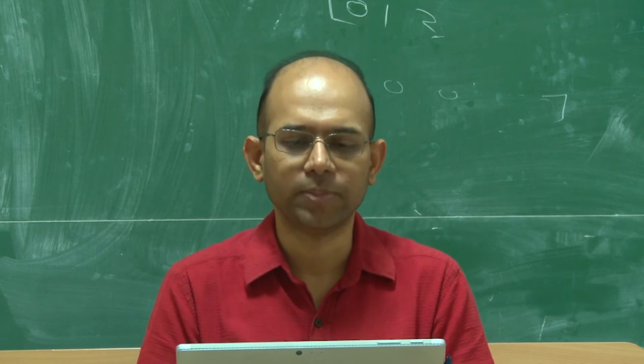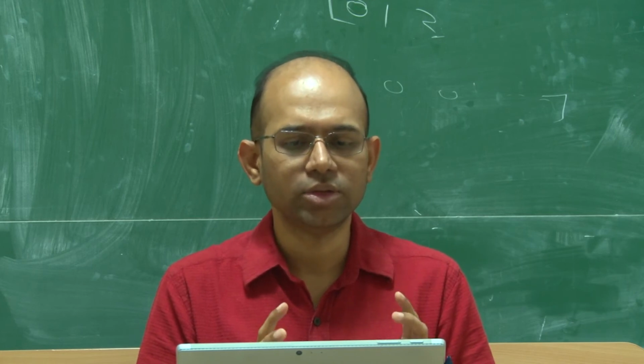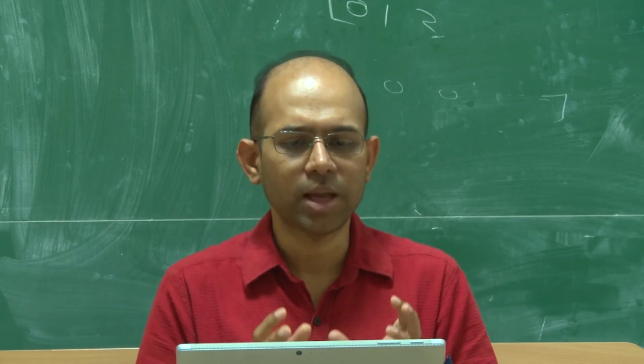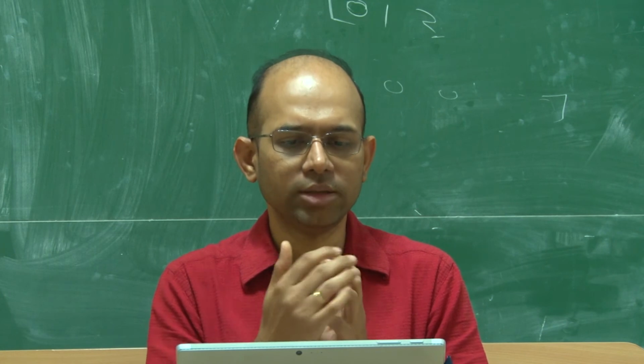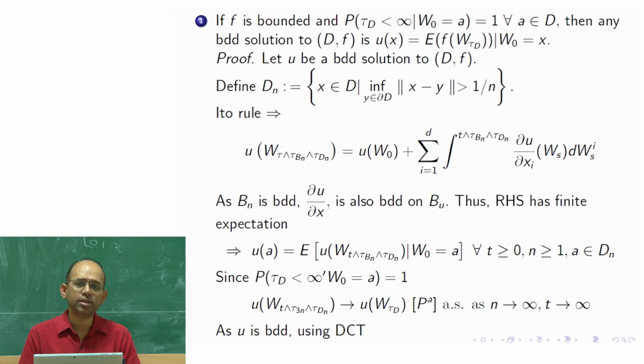That is my D_n. So D_n is a subset of D which is away from the boundary of D. Is D_n an open set? Yes, D_n is open because I have a strictly greater than sign. But D_n could be the empty set also, because if D is very small, with radius less than 1 over n, it will be empty. But D_n is an open set.